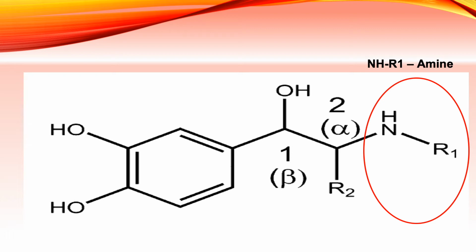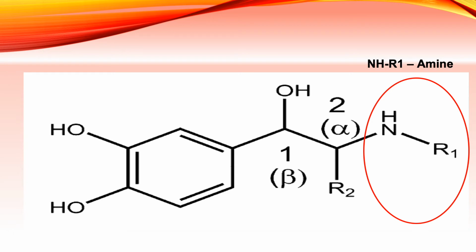So isopropyl is a bulky alkyl, and bulky alkyl favors beta receptor activity. Now for your activity on this part, look for the adrenergic drug that contains isopropyl on its R1 position and is useful as a beta receptor agonist.